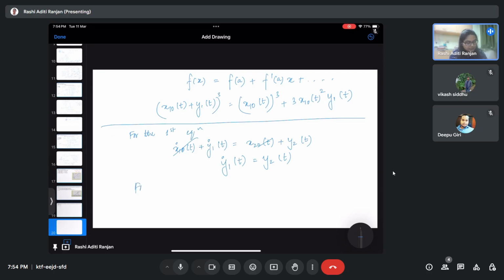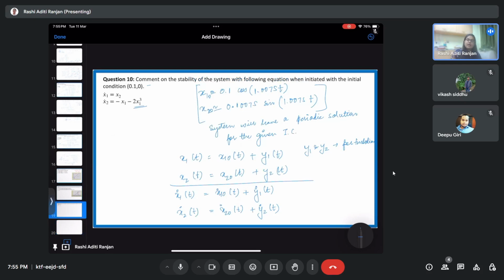Okay. And for the second equation, what do we have? We have x20 of t plus y2 dot of t is going to be nothing but minus of x10 of t minus of y1 of t and minus of x10 of t cube. I think there is a 2 also, 2 and minus of 6 x10 of t square y1 of t. Again, my x10 and x20 are going to satisfy this equation also.